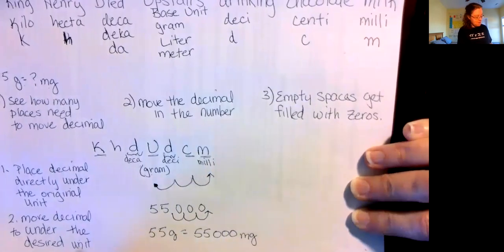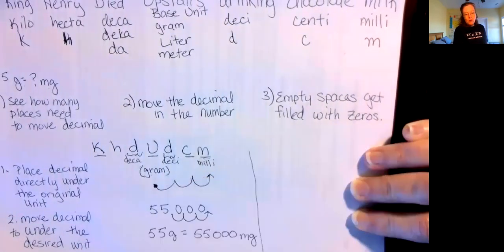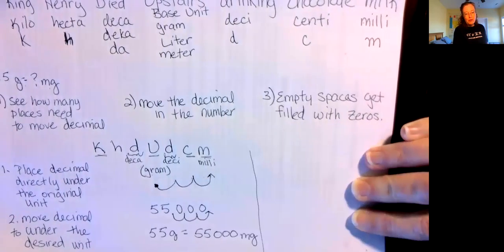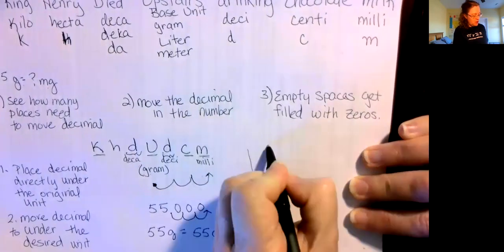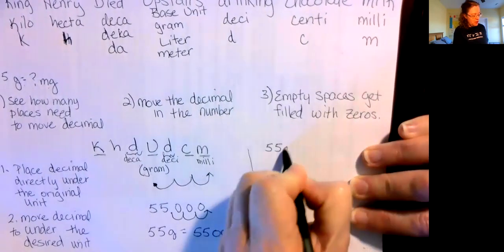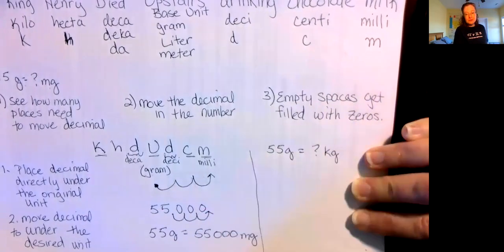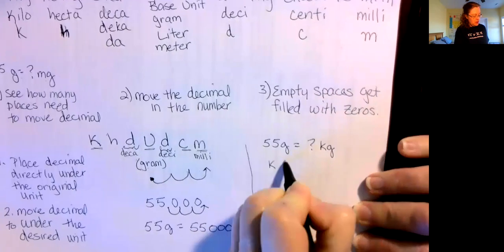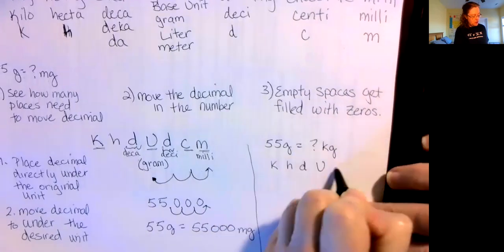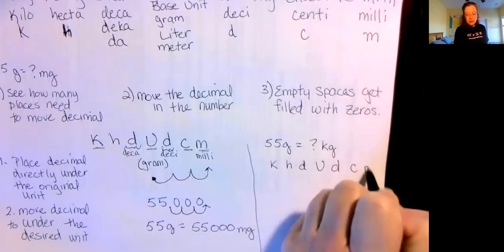And do it again. Okay. What if I have, let's say, 55 grams and we want to know how many kilograms that is? Same thing. King Henry died upstairs drinking chocolate milk.